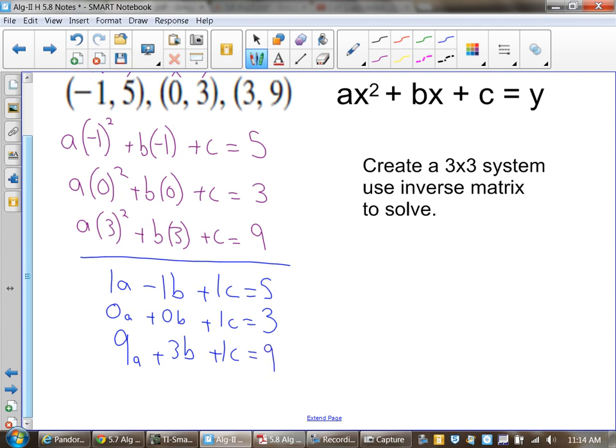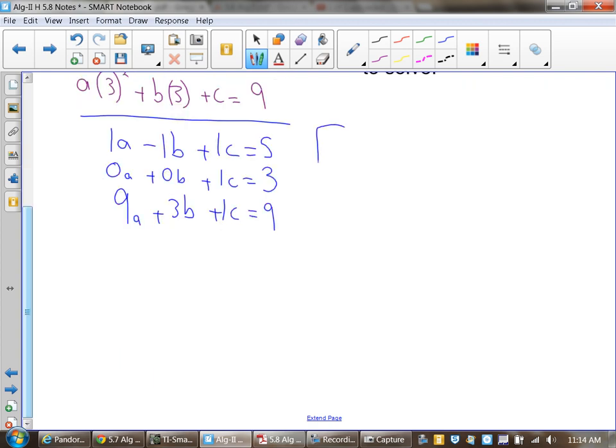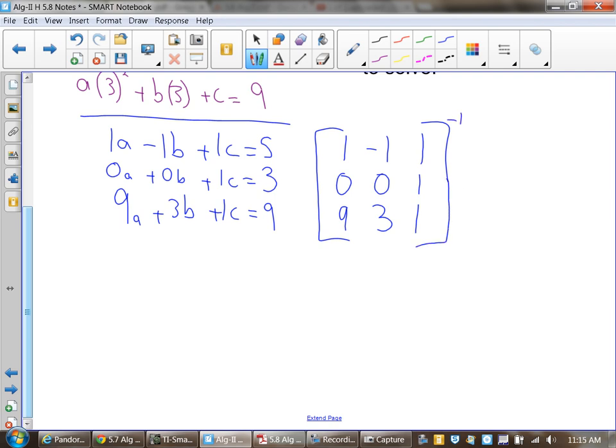What I want to do now is create a coefficient matrix: 1, negative 1, 1, 0, 0, 1, 9, 3, 1. And then do you guys remember how we set up to solve with systems? Inverse. And what do I multiply that by? Very good.